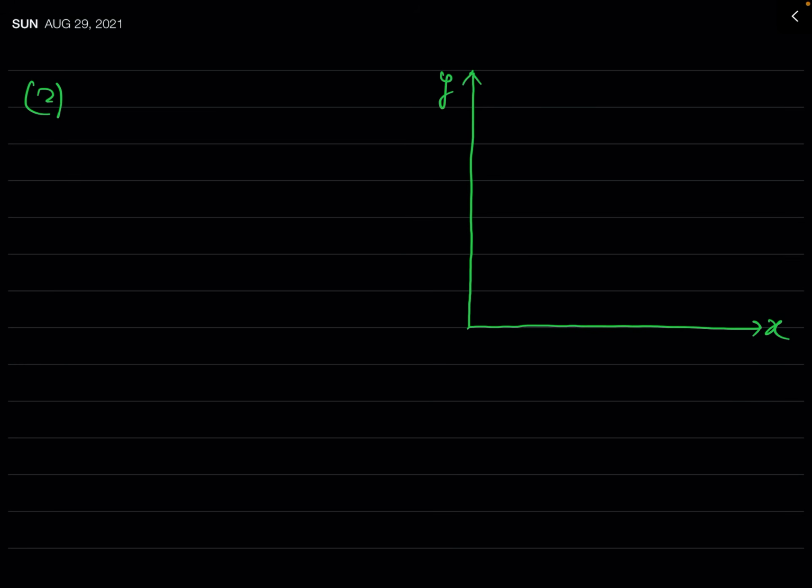This is your rectangular region. Let this be OABD. Now this line OA is defined by the equation y equal to 0.